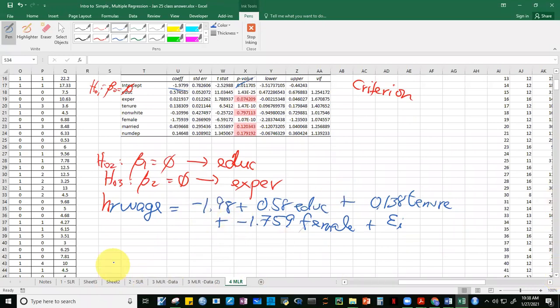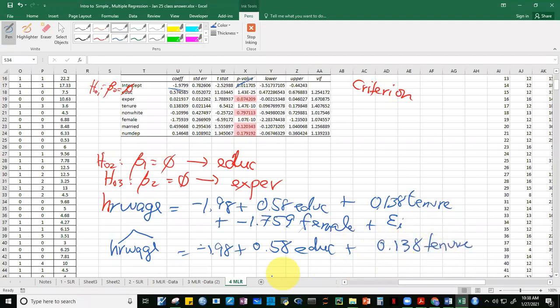Now, take note, guys, pag ginawa ko tong hourly wage na to, pag kinuha ko na yung predicted value, negative 1.98 plus 0.58 times education, plus 0.138 times tenure, plus negative 1.759 times female.